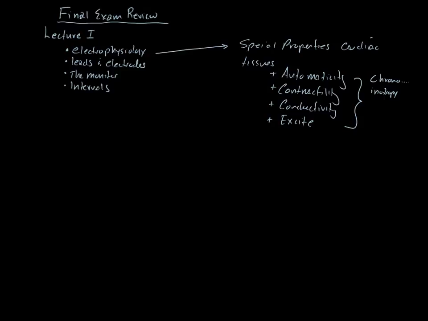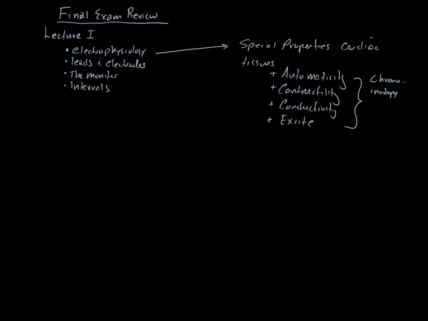The strength of contraction. Positive inotrope is increased strength of contraction. Negative inotrope would be decreased. Good. So positive inotropes would be drugs like sympathomimetics, epinephrine, norepinephrine, dopamine. Negative inotropes would be things like beta blockers, calcium channel blockers, those kinds of things.